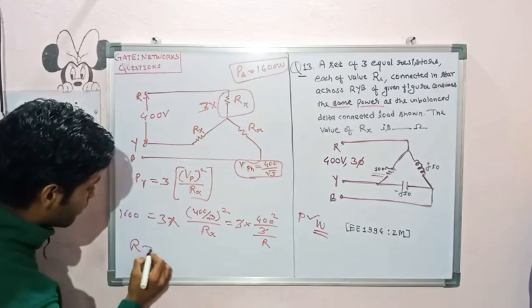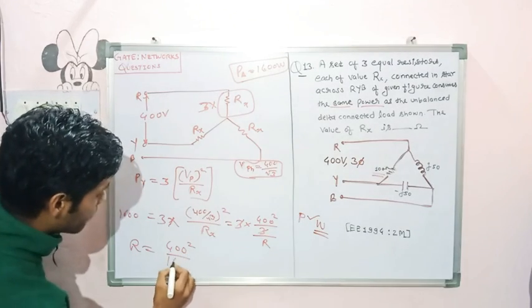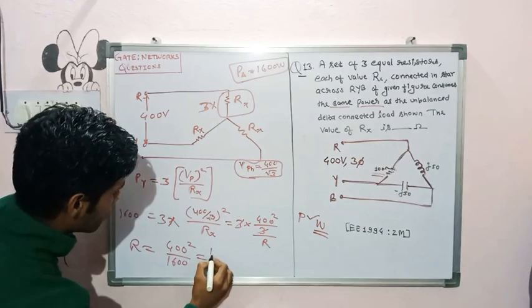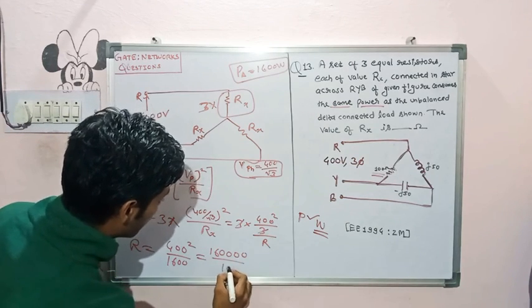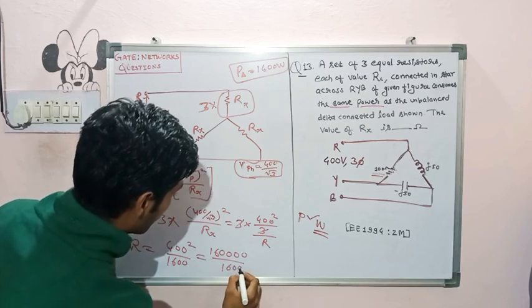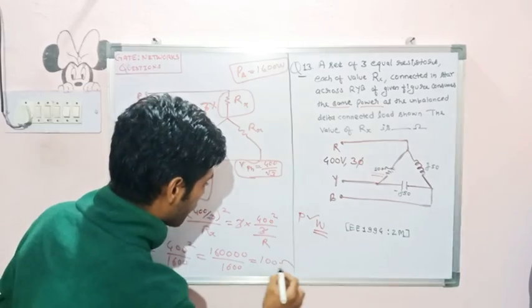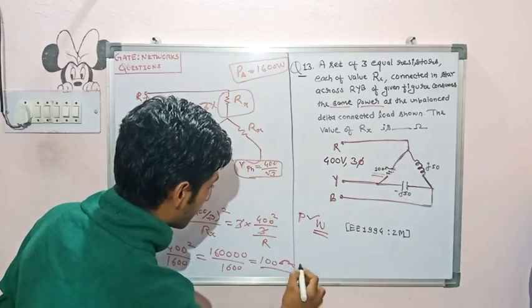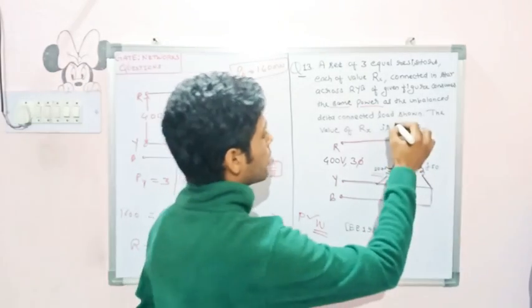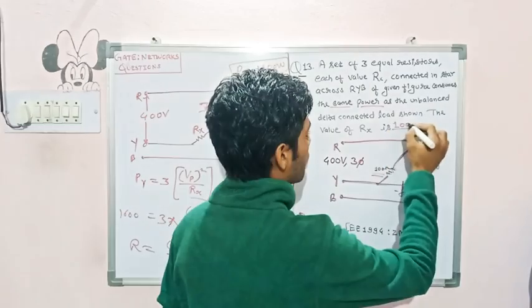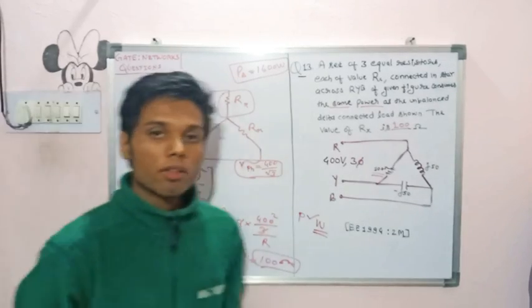So R is equal to 400 square divided by 1600, which is 160000 divided by 1600. So it is 100 ohm. So the value of Rx for the same consumption of power is equal to 100 ohm. I hope you have got this solution. Thanks for watching.